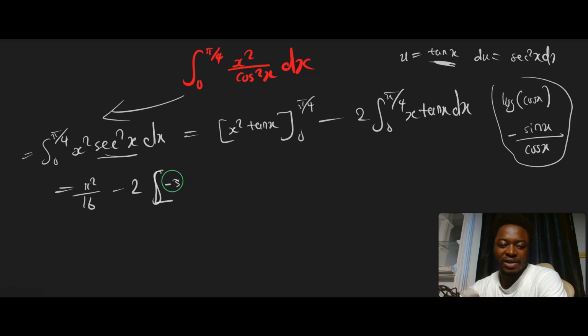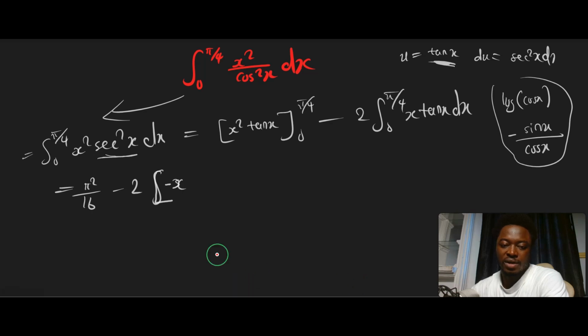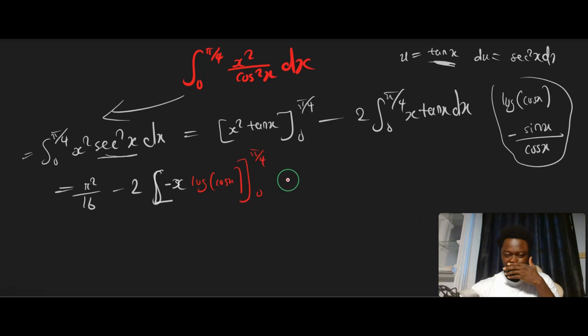So you have a minus x times the logarithm of cosine of x, evaluated from 0 to pi over 4, and then you have to subtract twice the integral.